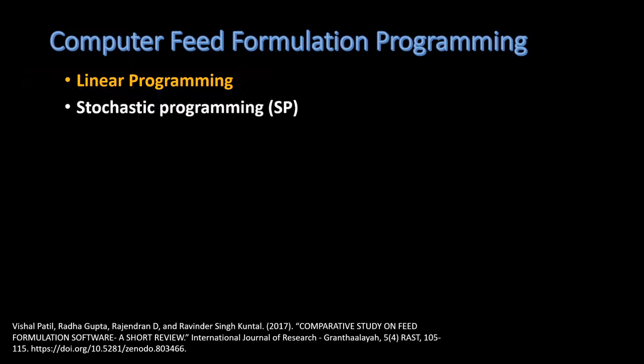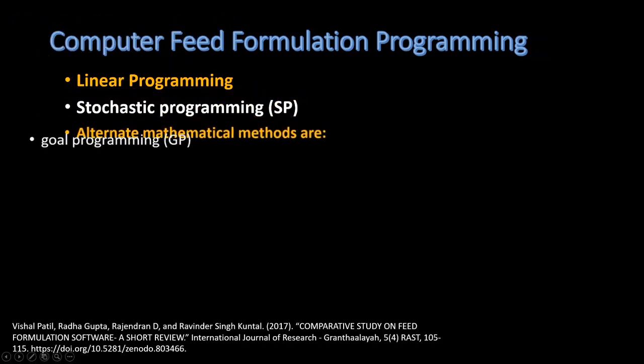Computer feed formulation programming: what type of programs are used in feed formulation, particularly the computer language or computer programming. The first one is linear programming. Simple linear equations are used. Then there is stochastic programming. We will discuss in the coming slides what stochastic programming is.